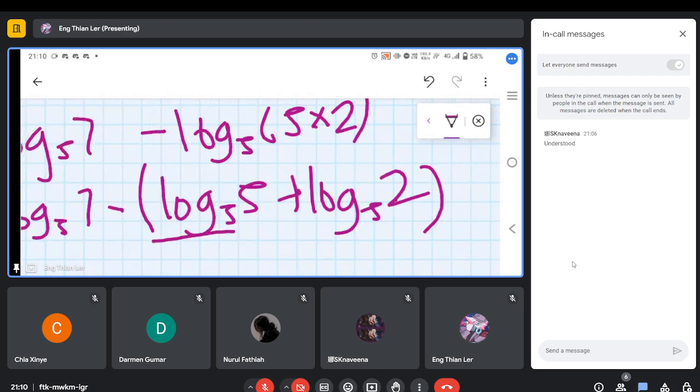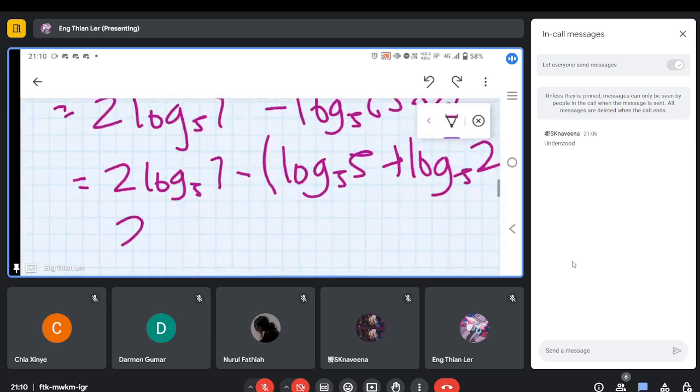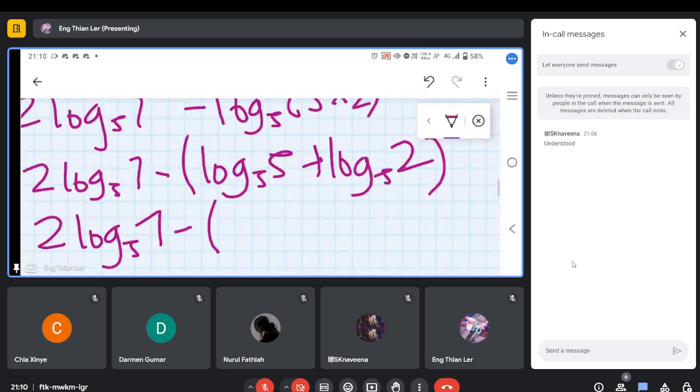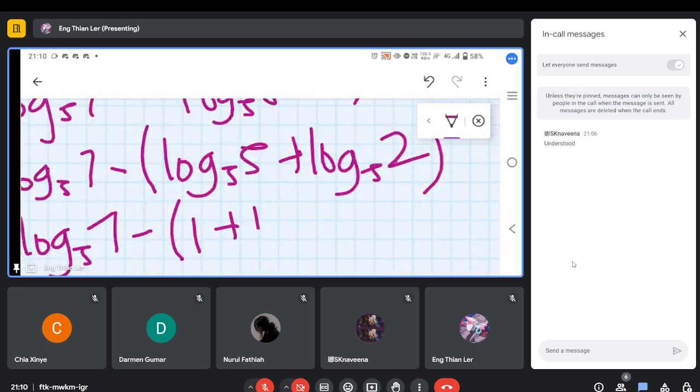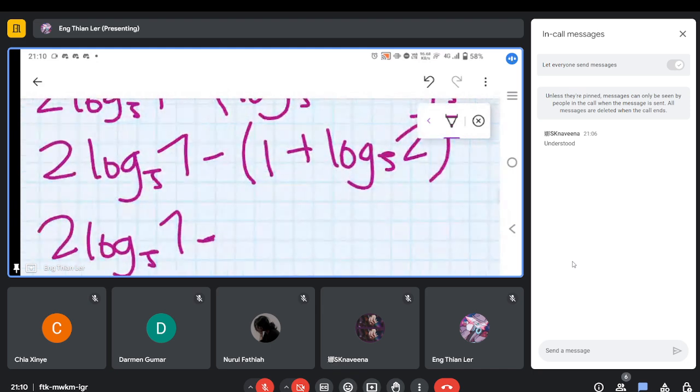This is 1, like I said many times already. The base is the same as the number, so this is 1. So this is another number. So we write minus 1 plus log 2 base 5. So this equals 2 log 7 base 5 minus log 2 base 5 minus 1.